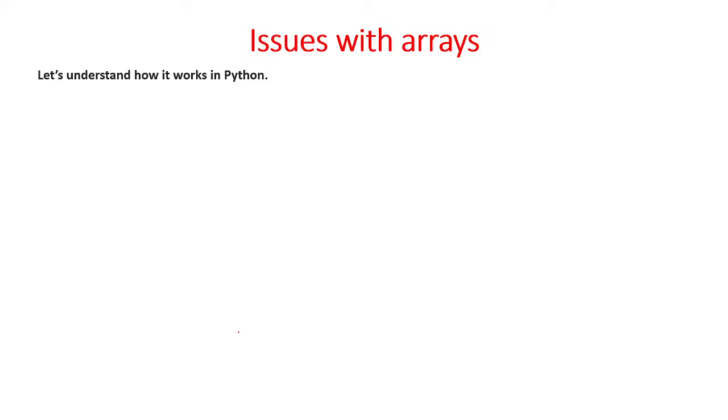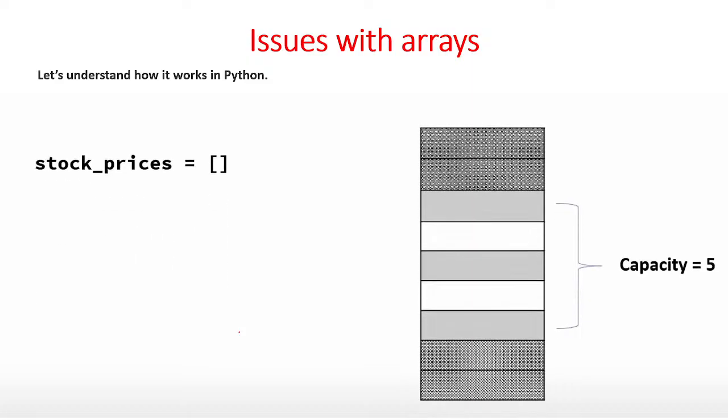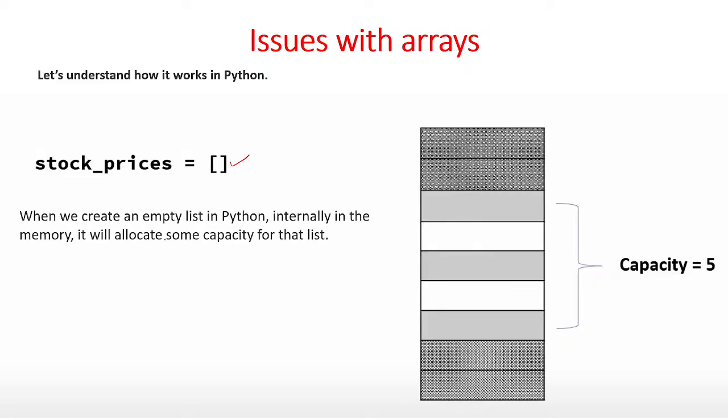How it is done internally, we need to understand. For example, when you create an empty list like this, stock prices, Python creates an empty list. Then it allocates some capacity for that list.